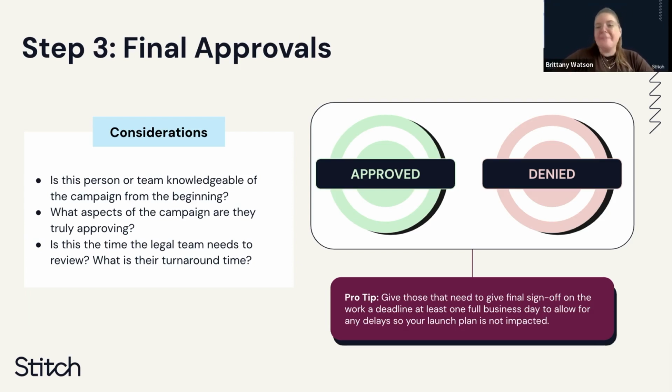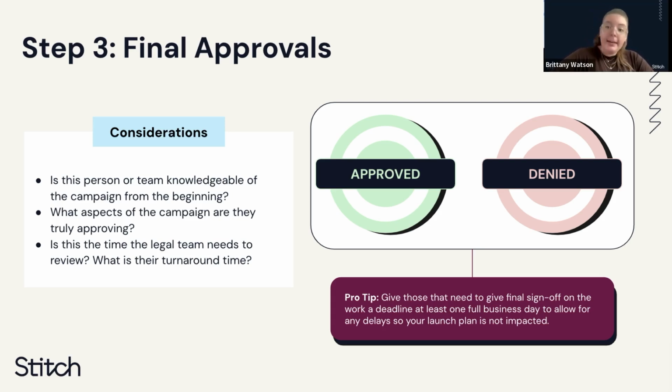So the hope is definitely that this is your easiest step, but there are a lot of gotchas that pop up here. First being, is the person or the team truly knowledgeable of the campaign from the beginning? As you remember, I pointed out that identifying those key stakeholders at kickoff is really beneficial, and this is why.